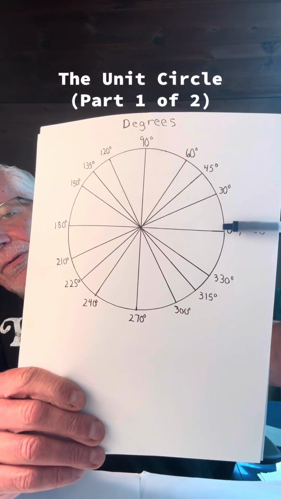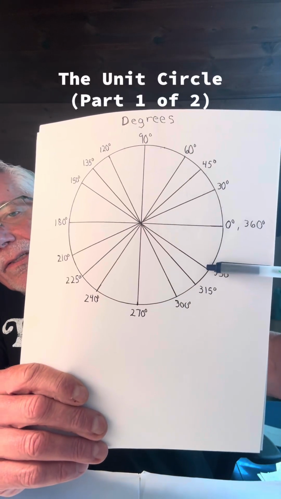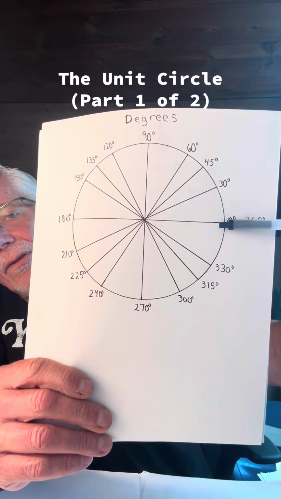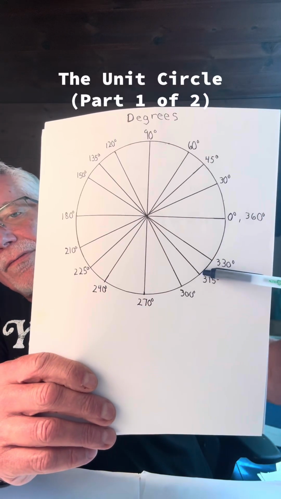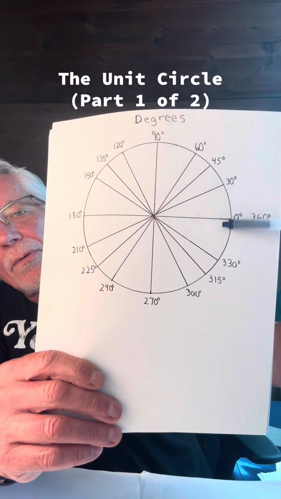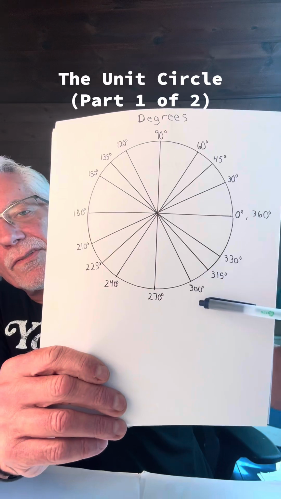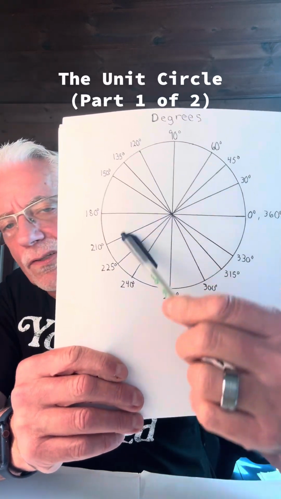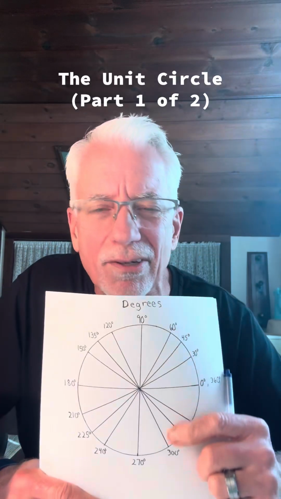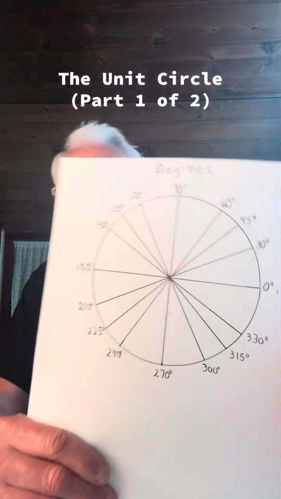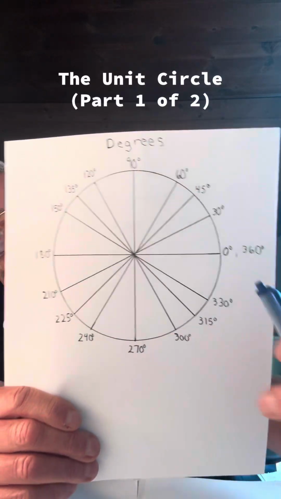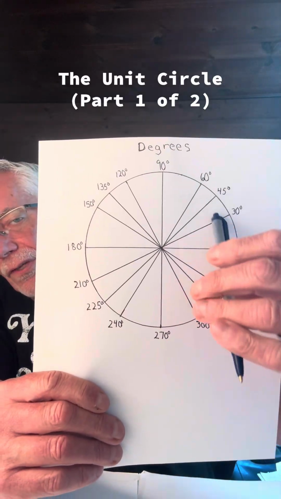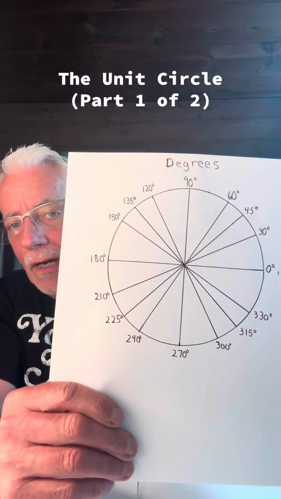Here is 360 minus 30, which is 330, 360 minus 45 is 315, and 360 minus 60 is 300. Those are our important angles. There are other angles, like 22 degrees and 37.5 degrees, but we're not interested in that. We're interested in these reference angles, called off the x-axis right there.